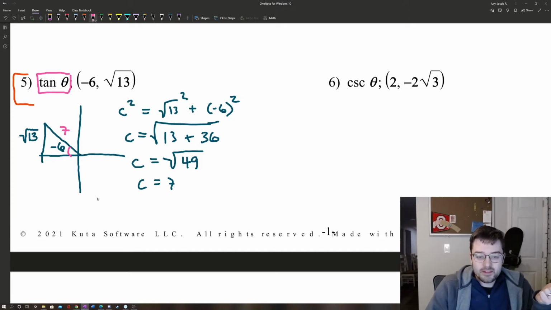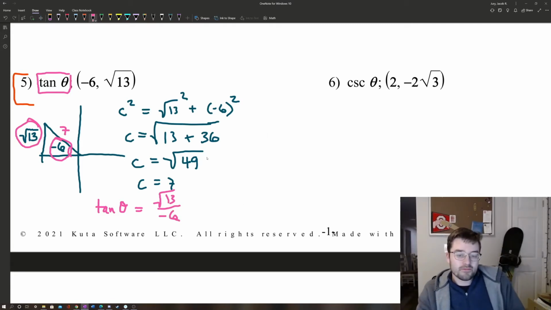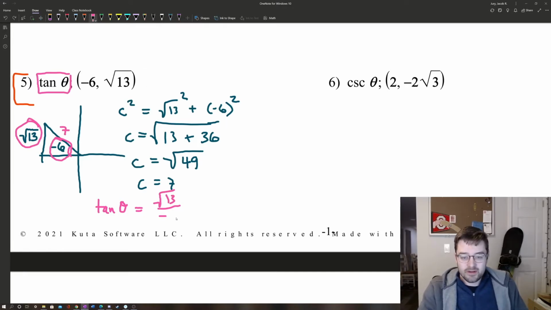But tangent is opposite over adjacent, which we have those values. So tangent of theta is equal to radical 13 over negative 6. Goofball. So it does help to look at where you're placing your coordinate and what your trig ratio is calling for, tangent.